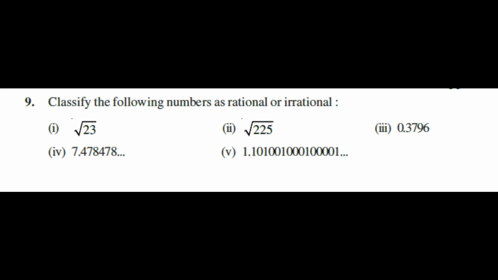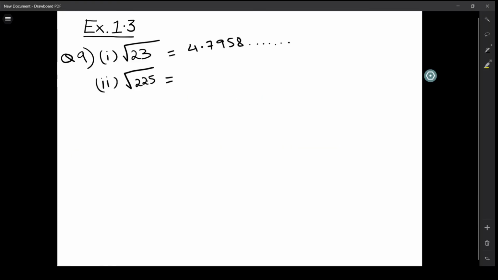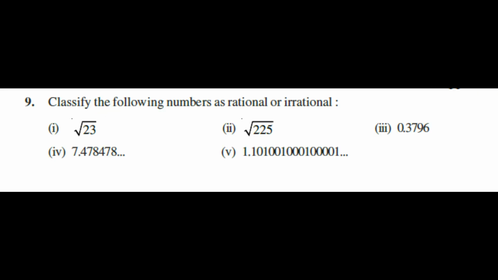Second part is under root 225. 225 is a perfect square. 225 is the square of the number 15. So under root 225 is 15. 15 is definitely a rational number, since it is in the form p by q, where q is not equal to 0.